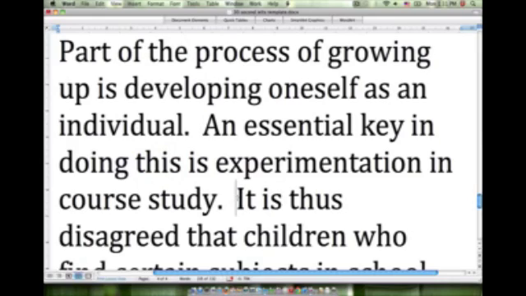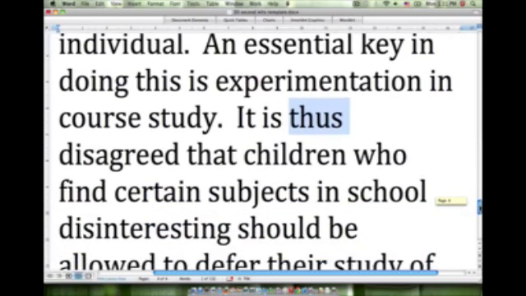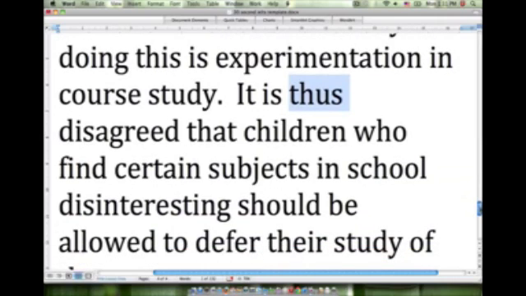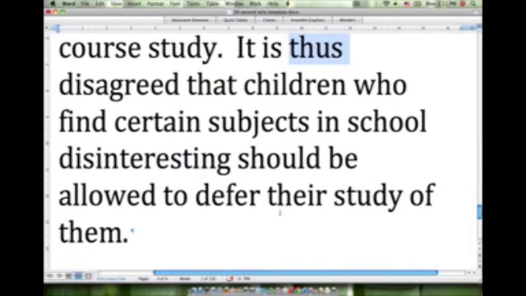In the thesis, I even linked the thesis to the sentences before by writing, it is thus disagreed. So thus tells us that there have been ideas presented before it, and because of those ideas, this is something that is being stated as a truth.